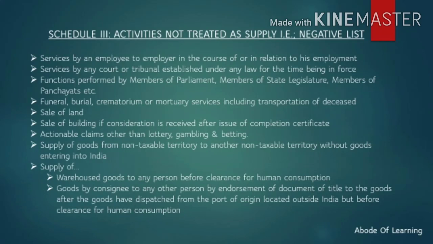So the goods have not reached India. It has left the port of origin, that is Dubai, and it is still in transit. Before it reaches India, you are endorsing the title to another person. So the transferring of title from you to another person will not be considered as supply under GST.